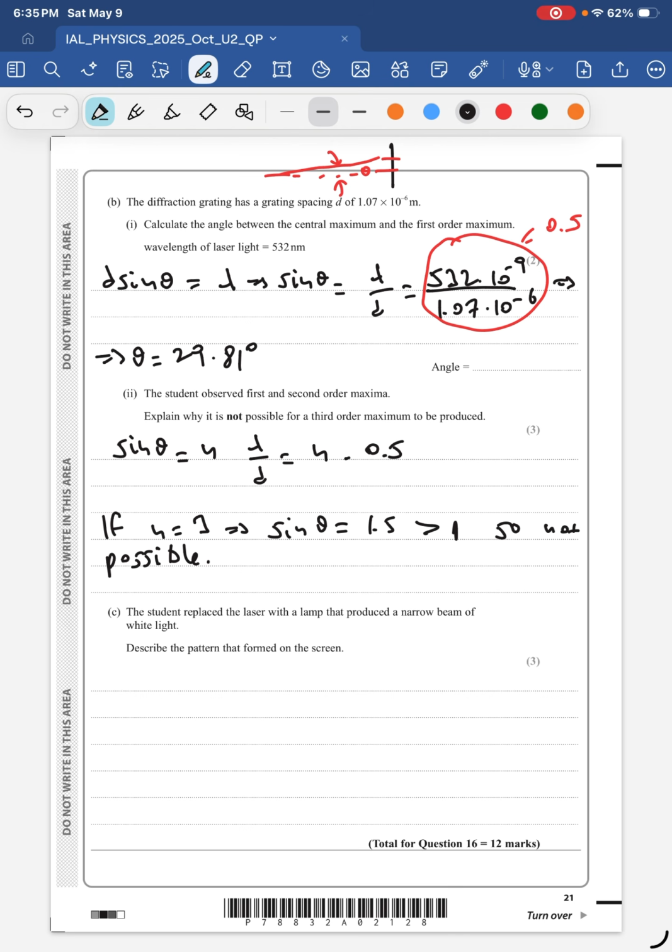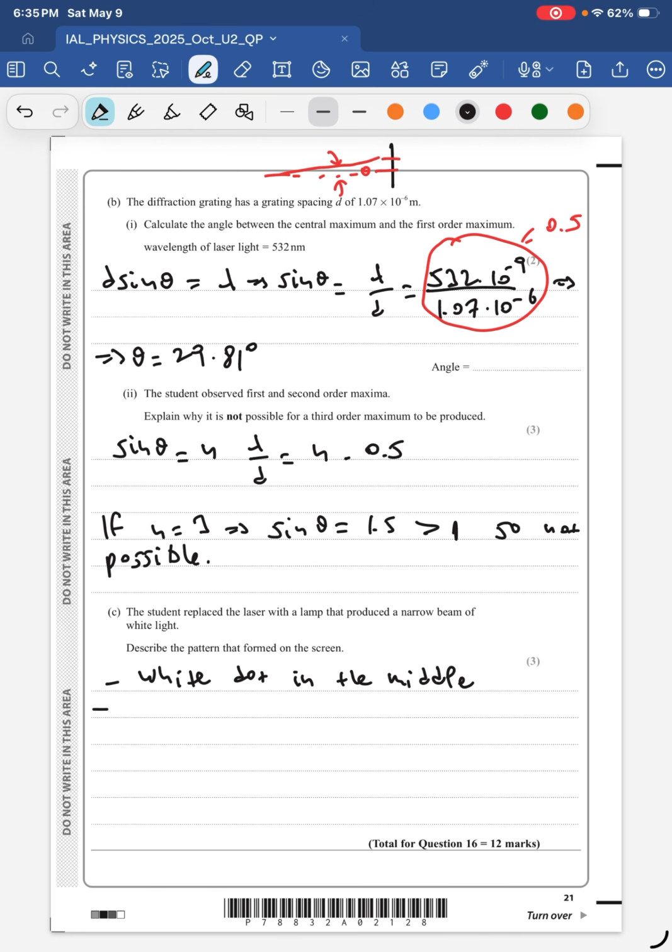Okay, the student replaced the laser with a lamp that produced a narrow beam of white light. Describe the pattern that formed on the screen. So we will have a white dot in the middle.